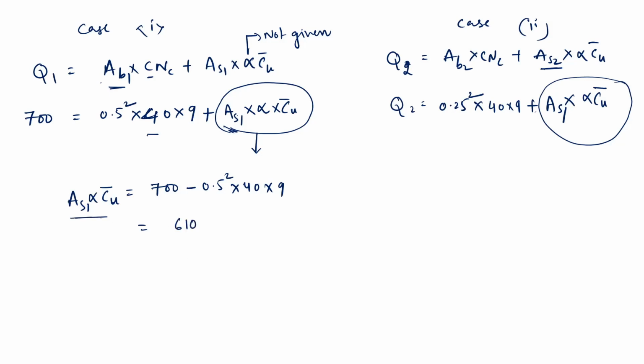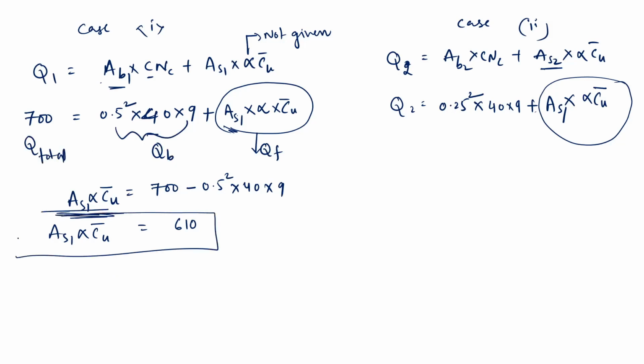So this AS1 alpha Cu bar you can write as QF also, because this is frictional resistance, this is bearing resistance, this is total resistance. Okay. So finally, how much did I get? QF as 610, right? So this and this are equal, then I can write 610.